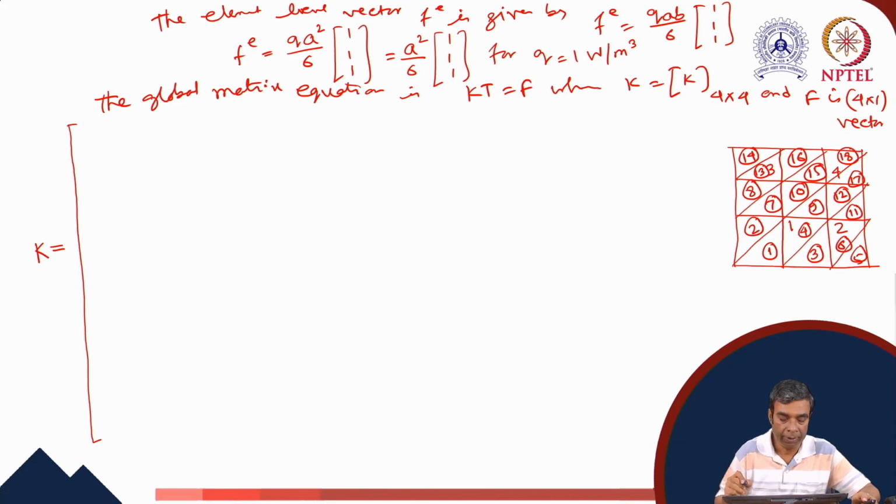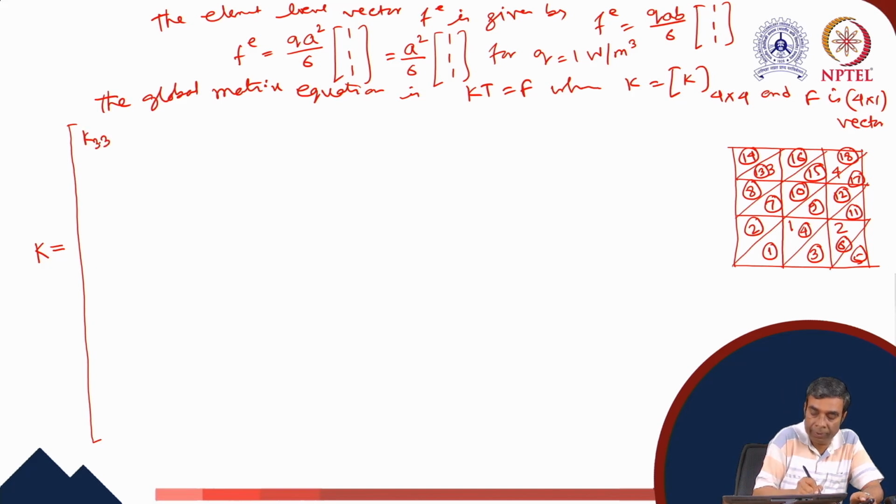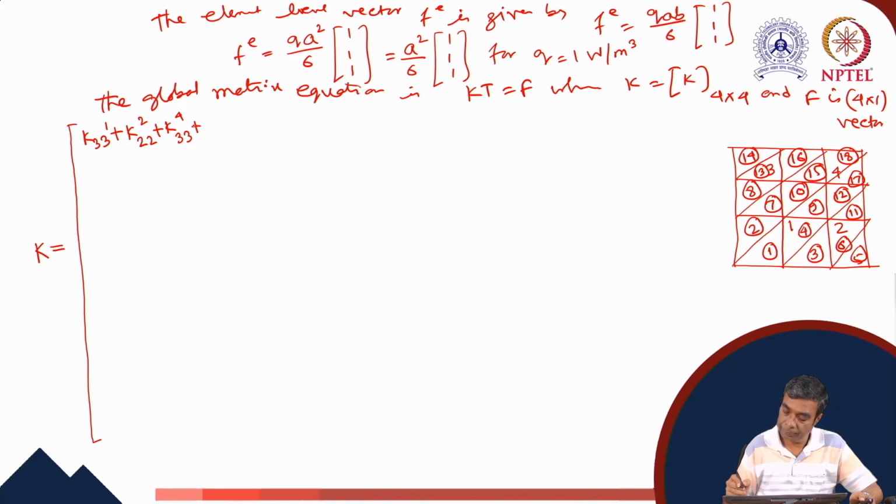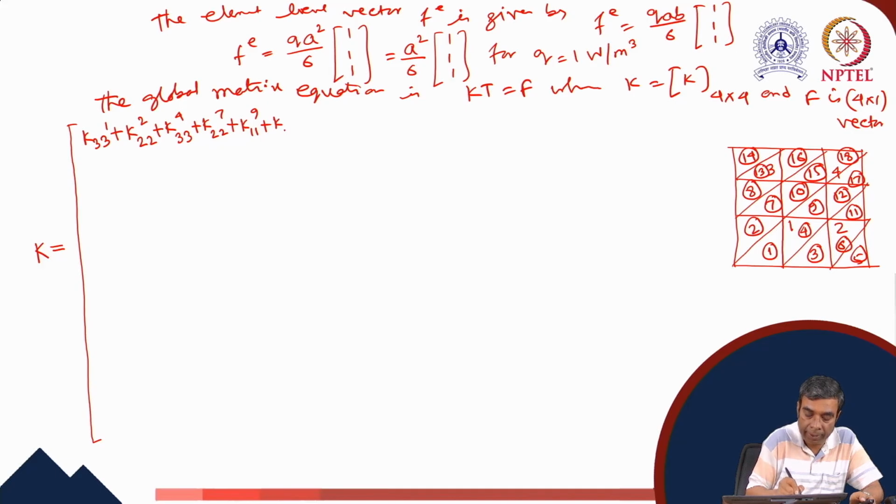So if we go for K11, then this K11 comes as K331 plus K222 plus K334 plus K227 plus K119 plus K1110.